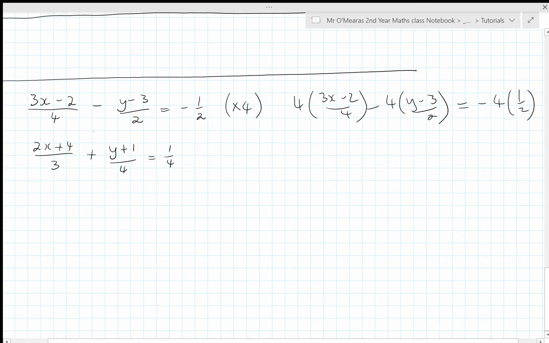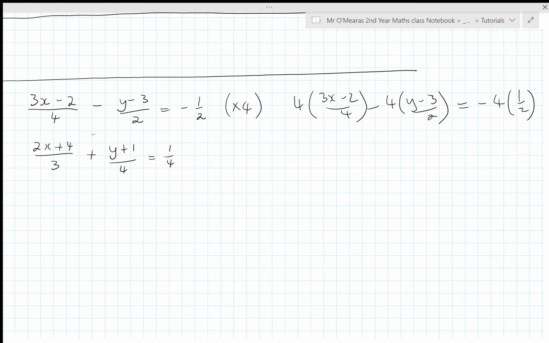Now when we have a minus and you're multiplying by something, technically that should be plus 4 times minus that fraction. And if you think about it, when it says minus and a fraction, what it means is there's minus one of those fractions. So really we're saying plus 4 times minus 1, and that's where the minus 4 comes from.